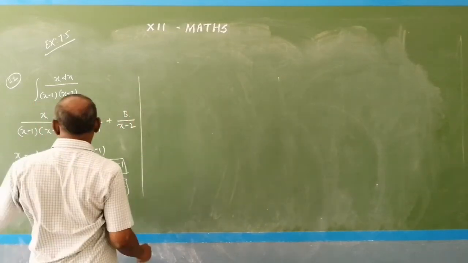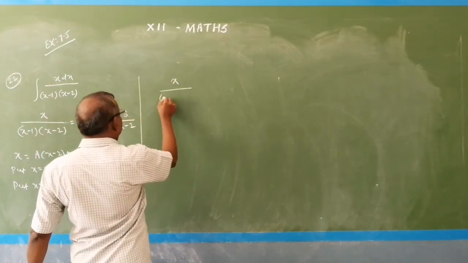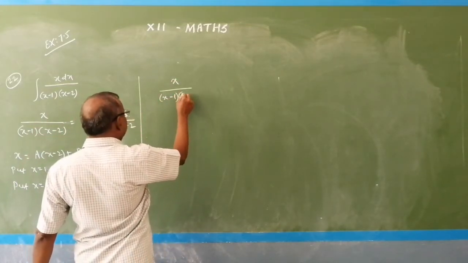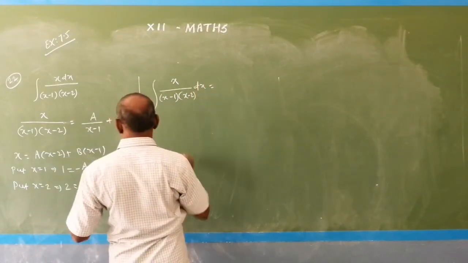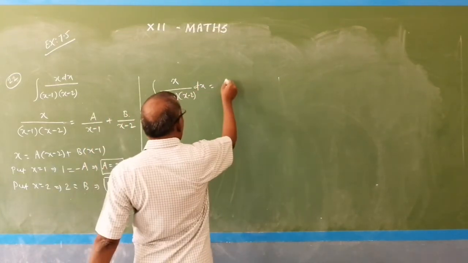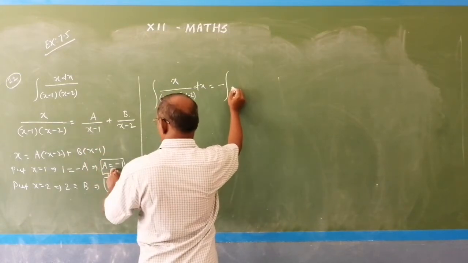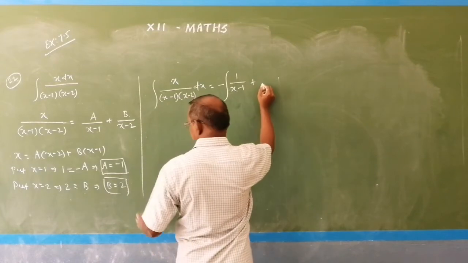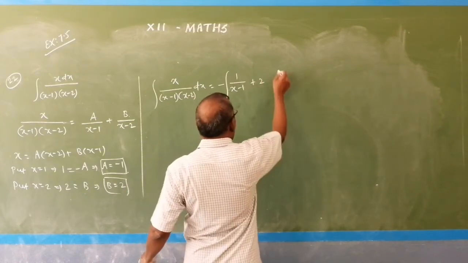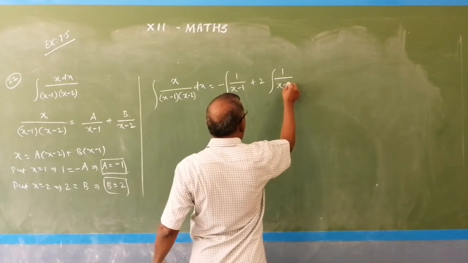And this integral of x by (x minus 1)(x minus 2) dx equals the integral of minus 1 by (x minus 1) plus 2 into the integral of 1 by (x minus 2) dx.